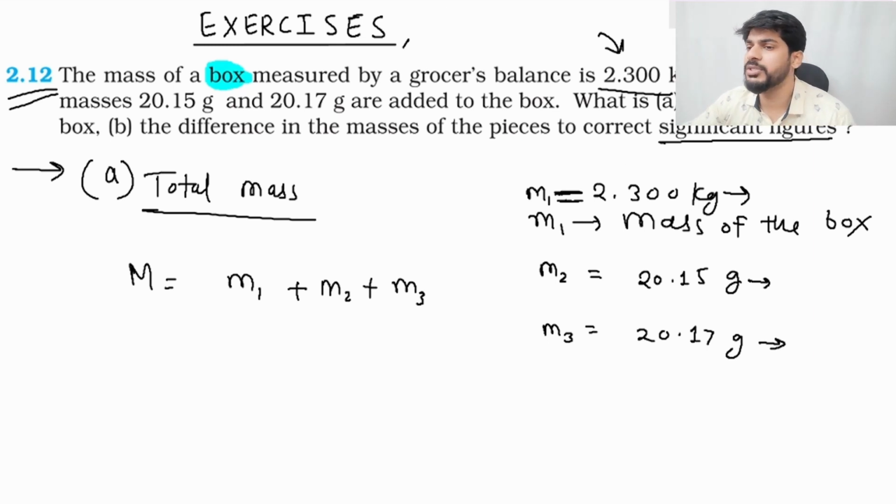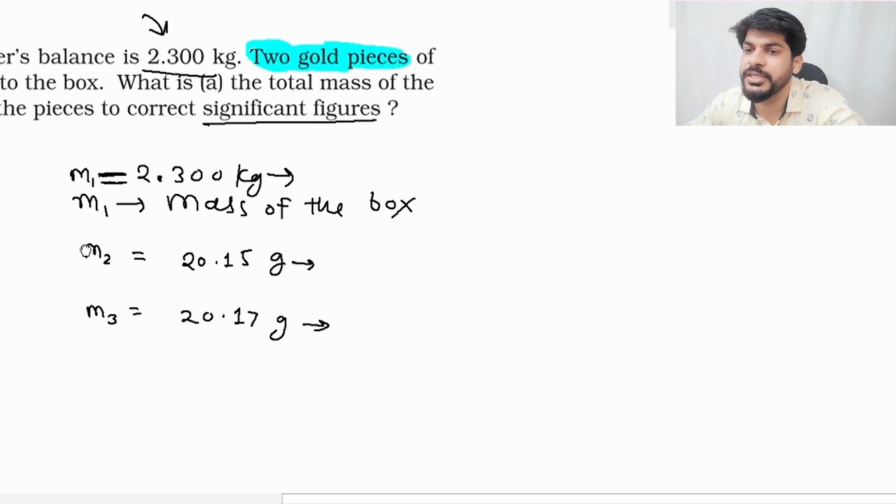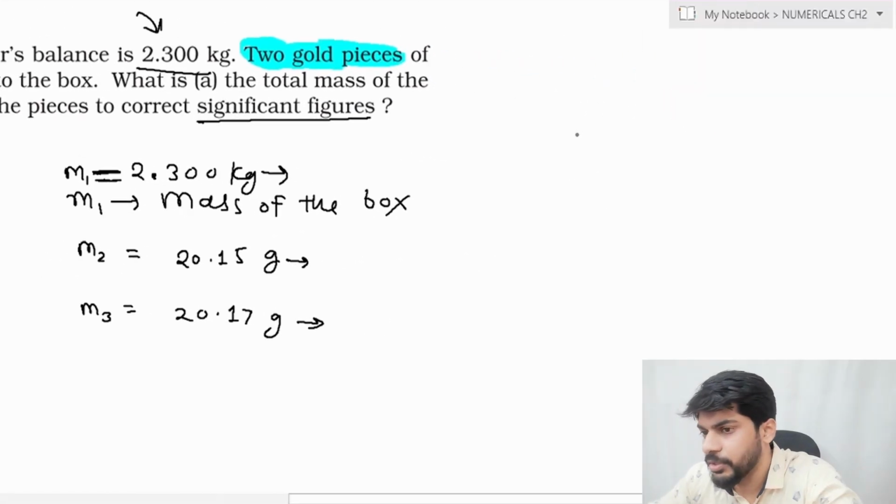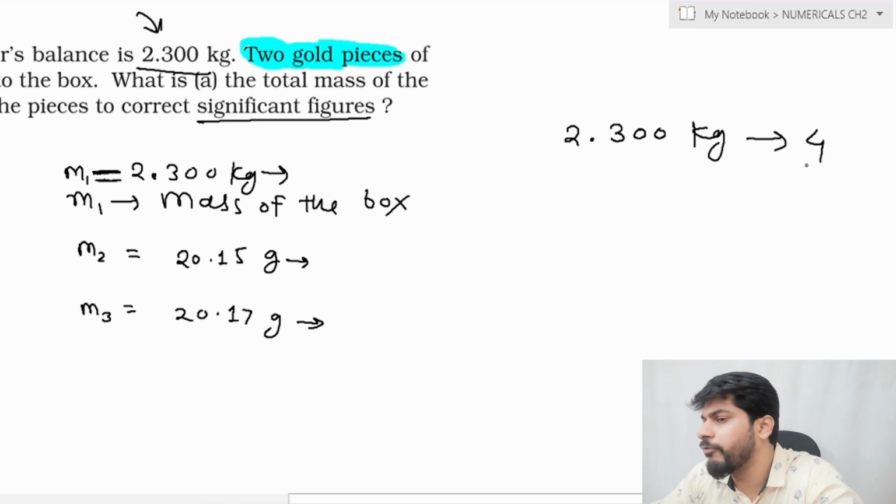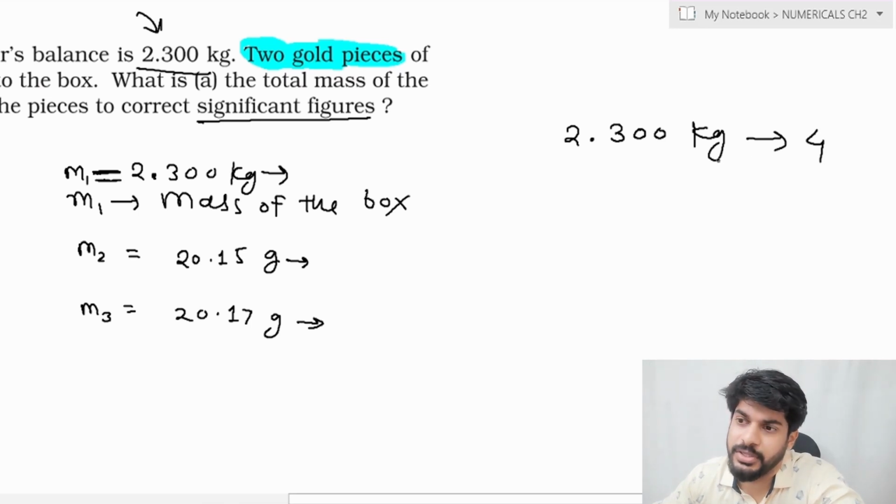Now here just look at one thing. This is 2.300. If you observe this number carefully, it has four significant figures, isn't it? I will write here: 2.300 kg has, or should have, four significant figures.